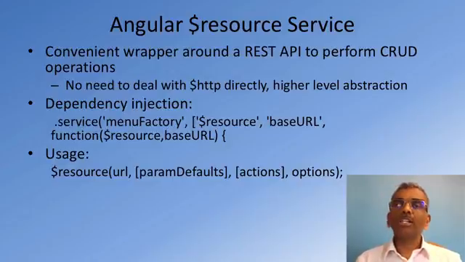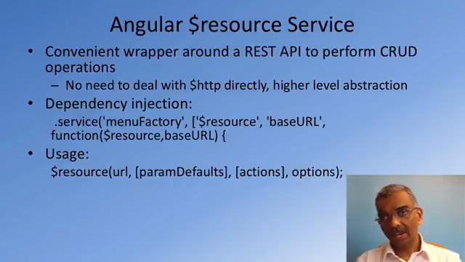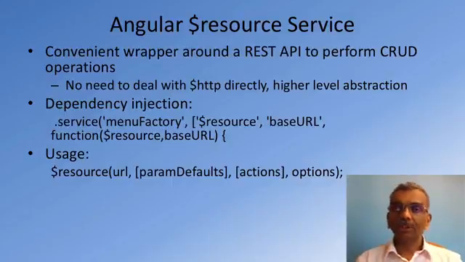When you call the resource service, you can supply a URL, which is the server that exports the API. Then you can supply some default parameters, actions, and some options. Let's look at some examples to understand how we make use of this.